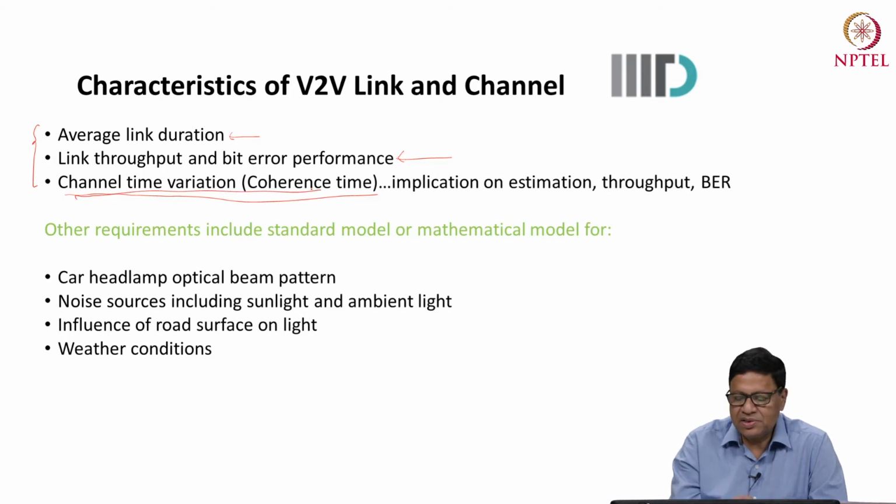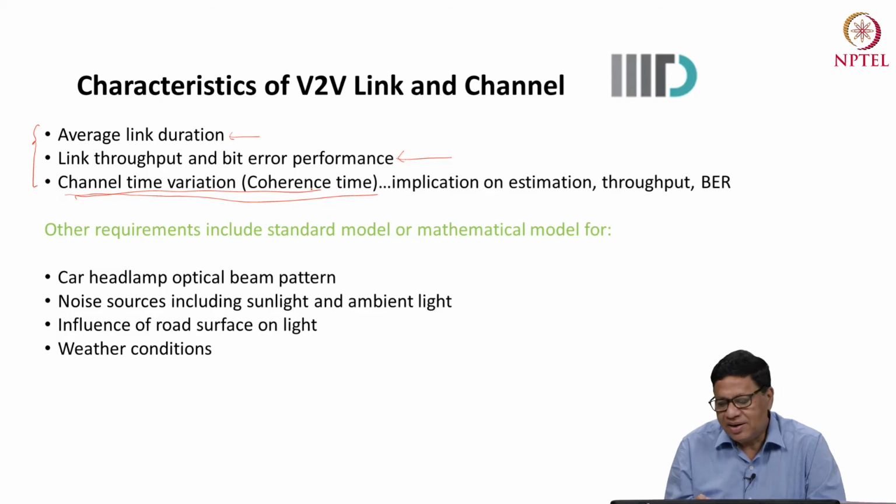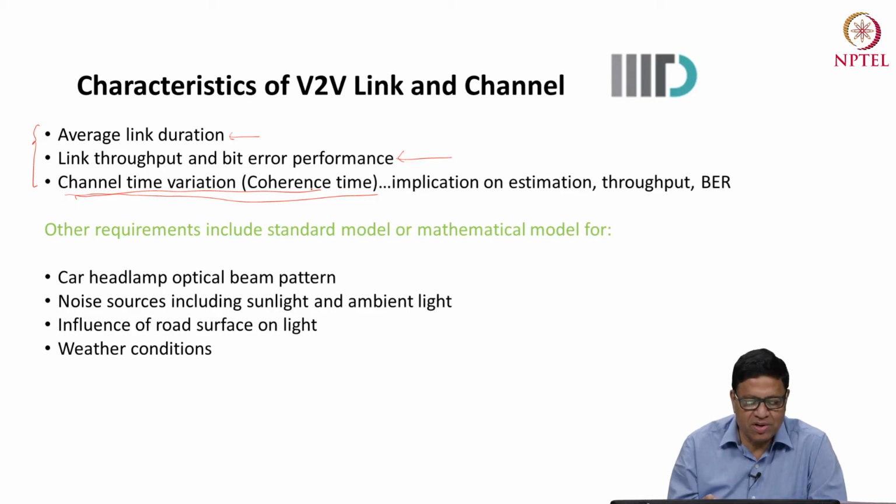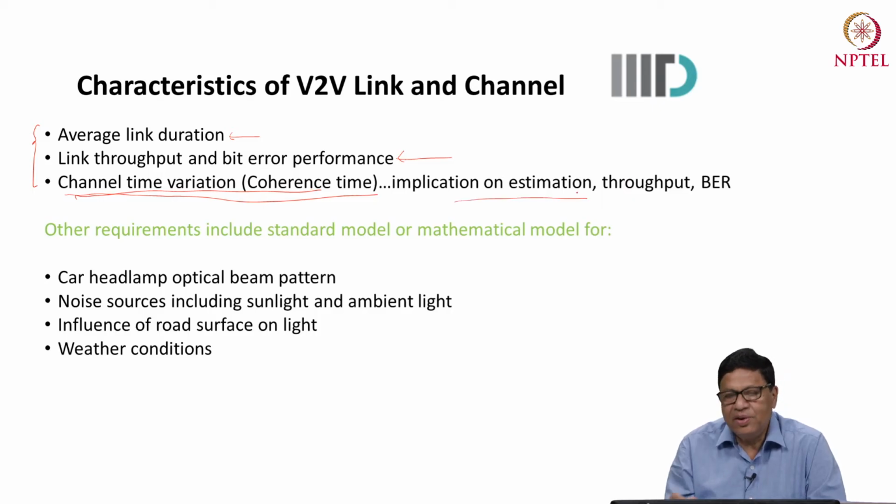This has implications on estimation because you have to estimate the channel and accordingly retune your equalizers. This takes time. If you estimate frequently, it involves overhead and reduces your throughput. So we want the coherence time to be large, which will reduce the overhead and effectively improve your throughput and BER performance.